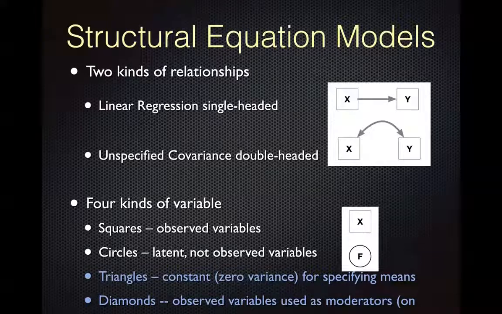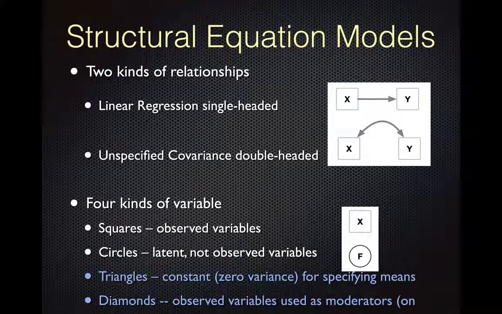So structural equation models began in around 1921, i.e. 100 years ago, when Sewall Wright developed a number of the principles for what we call today structural equation modeling, or SEM for short.